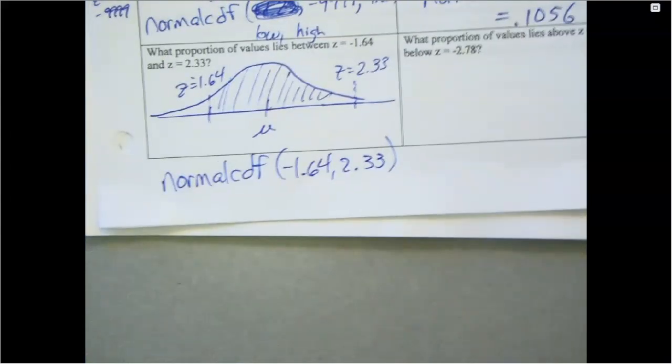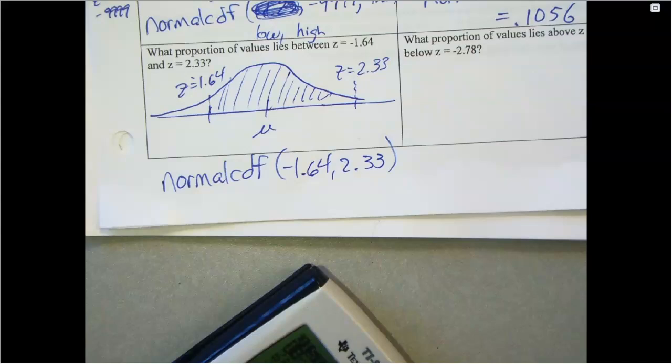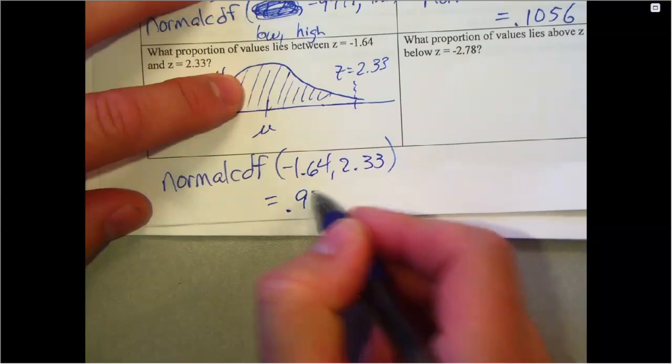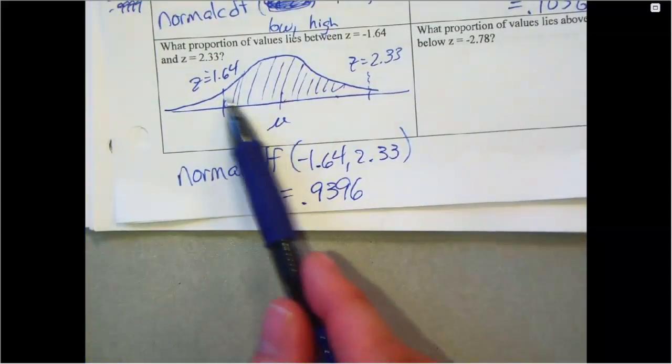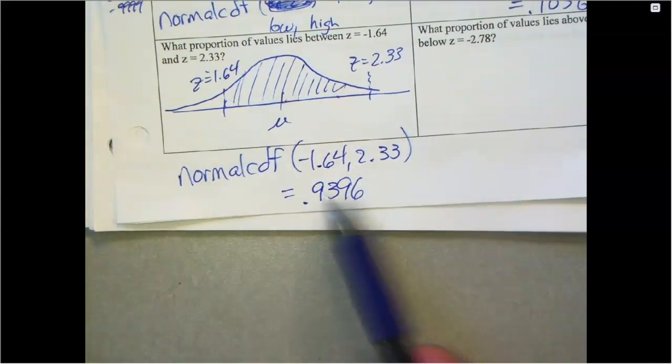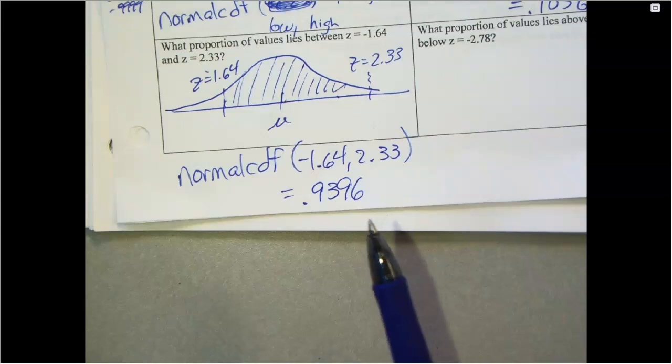So go ahead and type that in. I get 0.9396, somewhere around there. Which makes sense. That's taking up most of the graph, pretty darn near all of it. So we got a number pretty darn near 1.